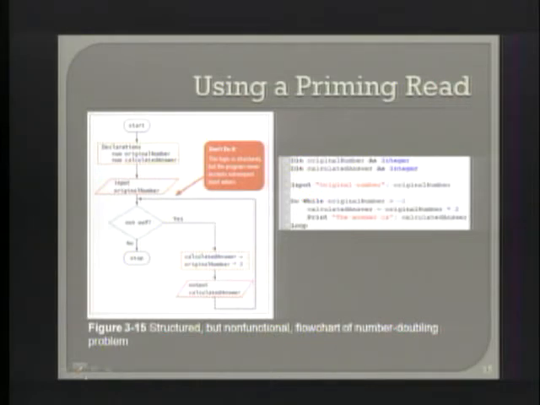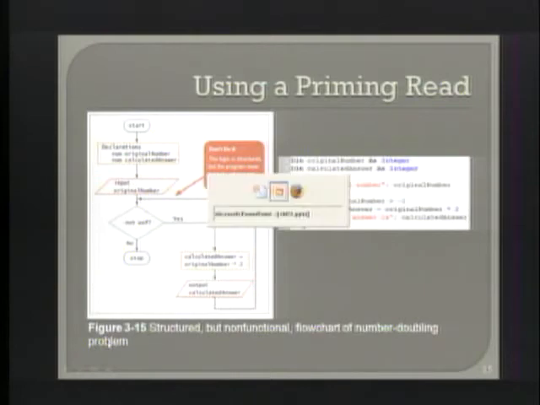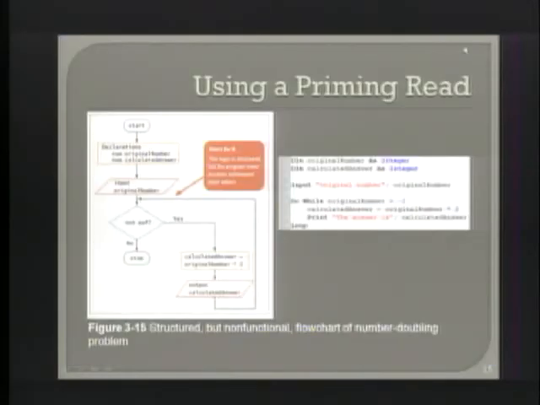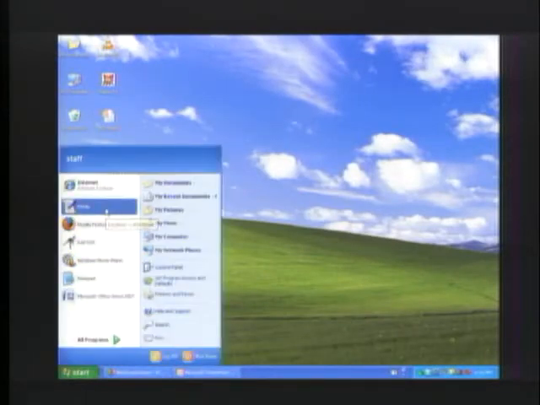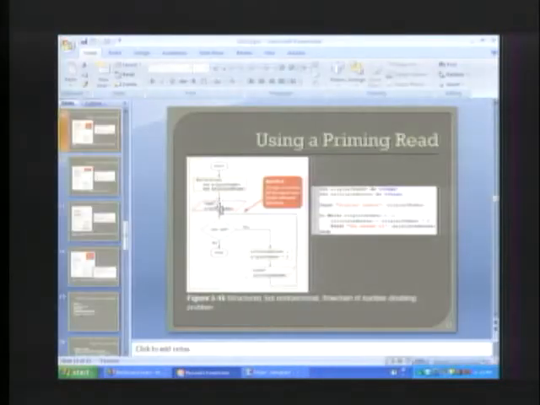So let's take a look at what this would look like in FreeBASIC. I'll open up FreeBASIC and just crank this one out. Dim original number, and I want to dim calculated answer.